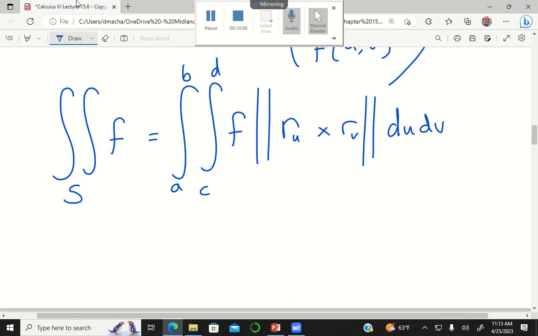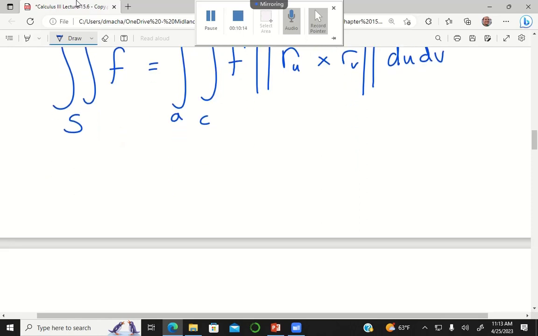So let's figure out what is r_u cross r_v first, and get that out of the way. That cross product is the determinant of the 3x3 matrix looking thing.